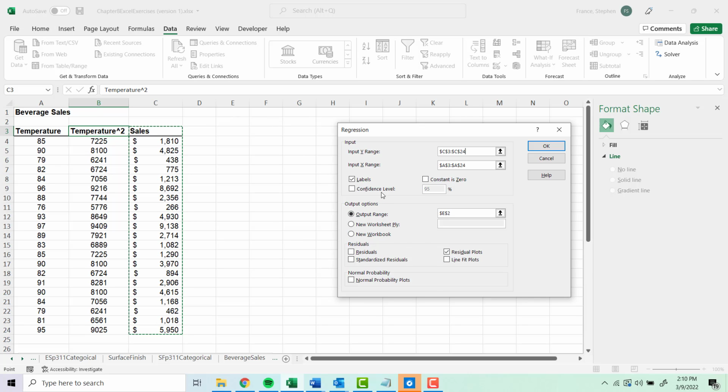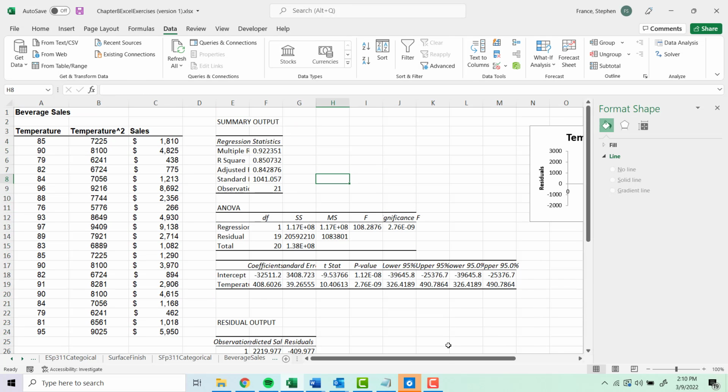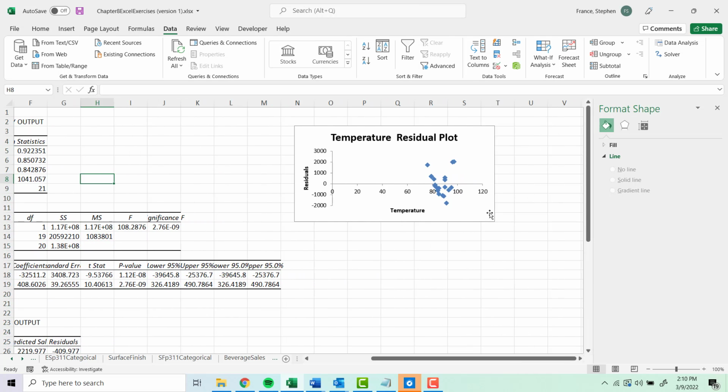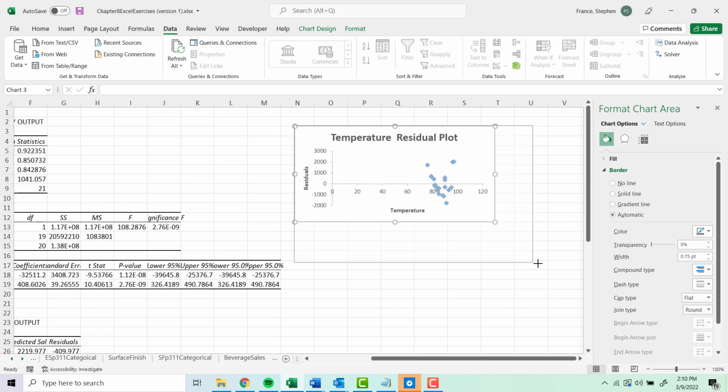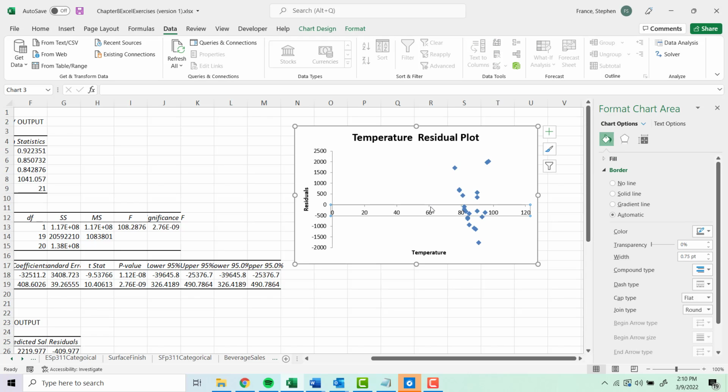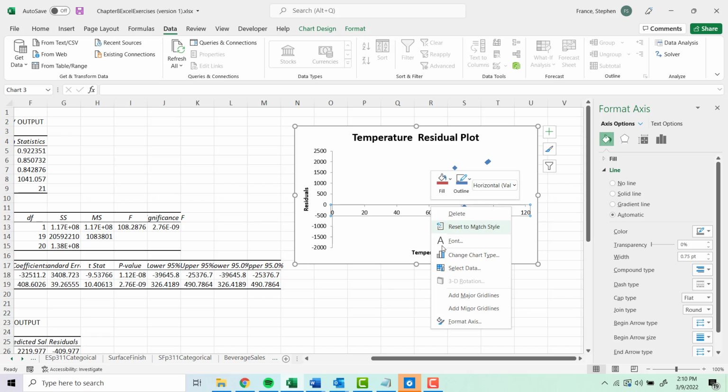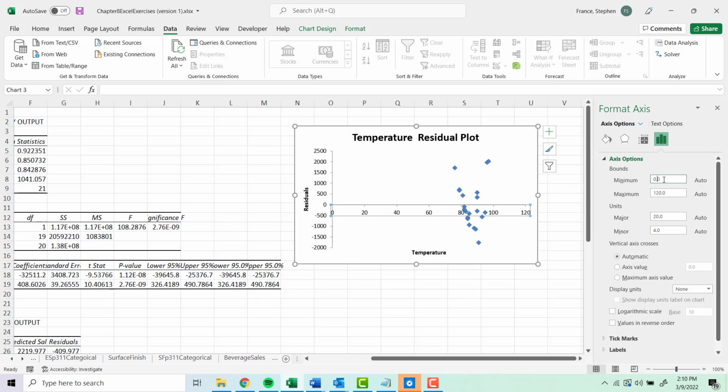We're going to have residual plots, nothing else. So let's just click OK. And as before, our graph started at 0. Let's format axis and change this to 70. And you can see the residuals here.